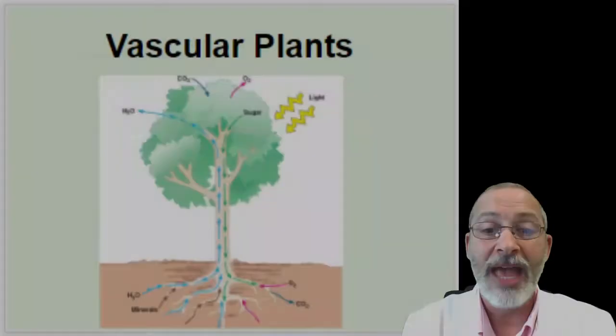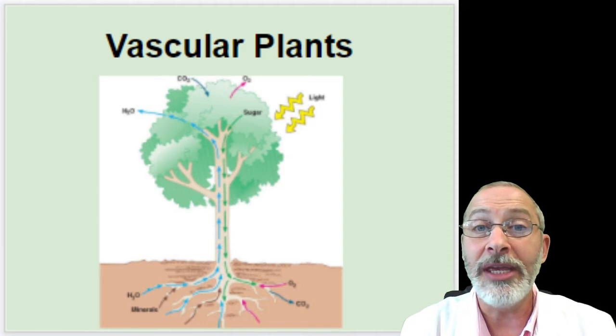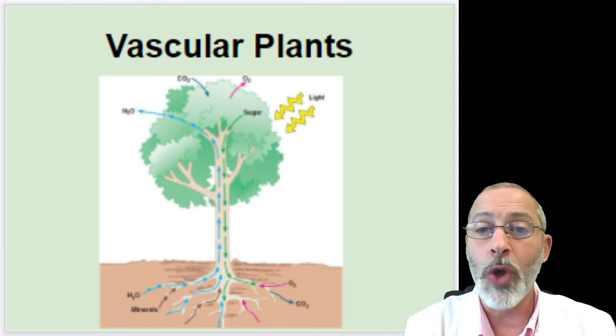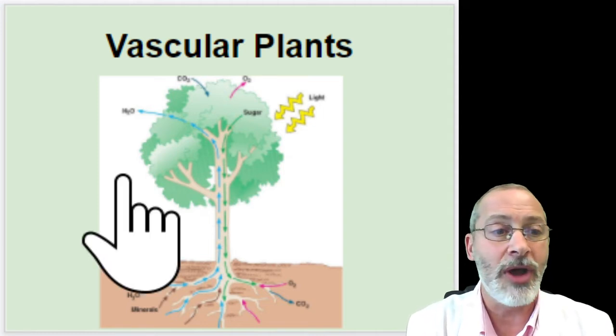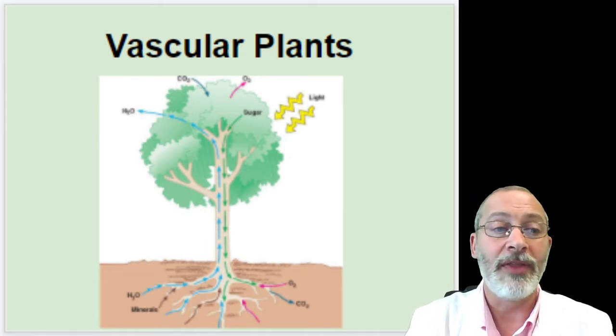Well, today we are going to take our discussion of vascular land plants a little bit further, and we're going to be talking about what vascular plants have. And so let's begin. Let's get our books opened here and let's talk about vascular plants and what they possess.